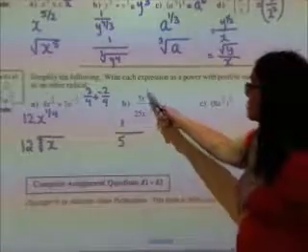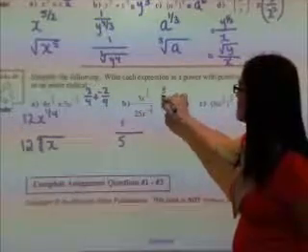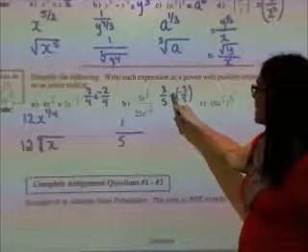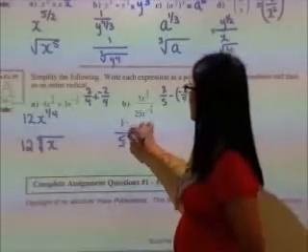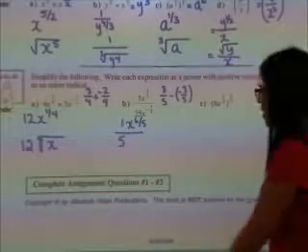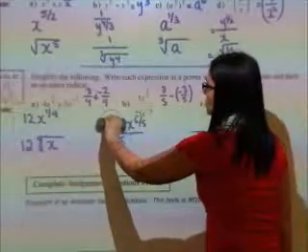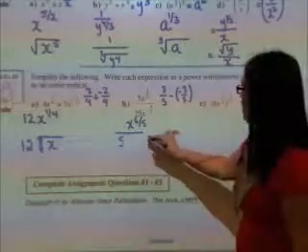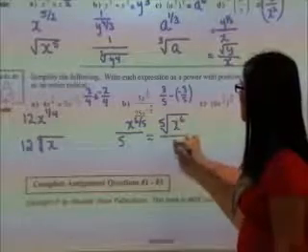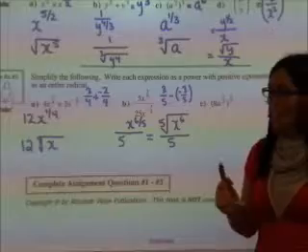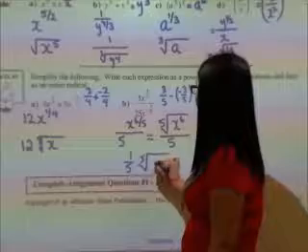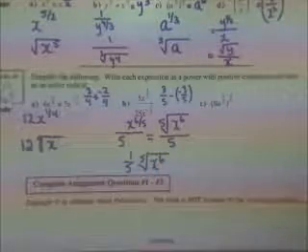And then according to my exponent rules, I'm dividing, so I subtract the exponents. 3/5 minus negative 3/5 is 6/5. So I get x to the power of 6/5 over 5. I don't need that 1 now. As a radical, this becomes the 5th root of x to the power of 6 all over 5. Or I could write it as 1/5 times the 5th root of x to the power of 6.